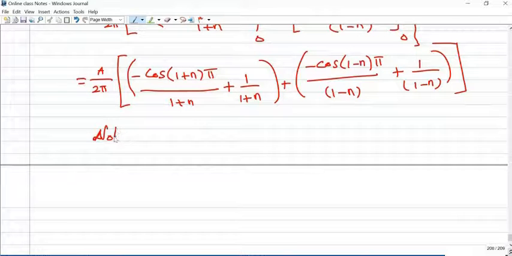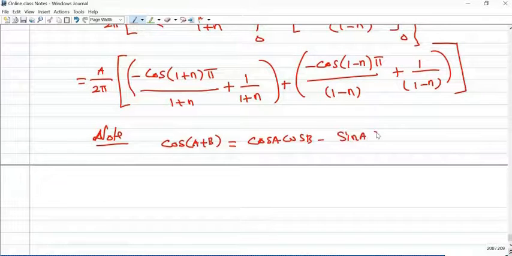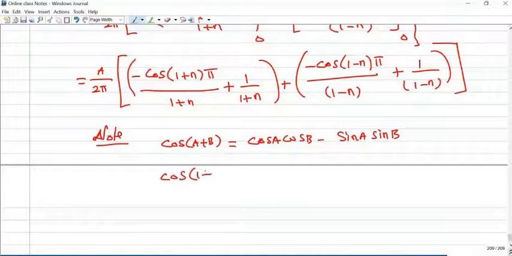Note: cos a plus b is cos a cos b minus sin a sin b. Using this formula we can find the expression for cos of 1 plus n pi.